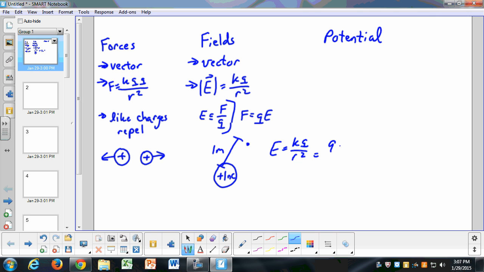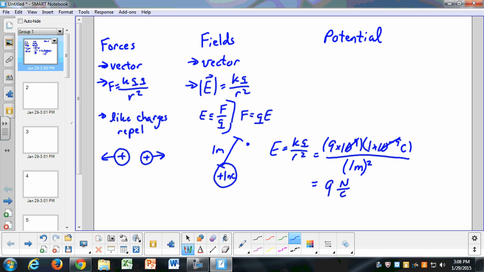So that's going to be 9 times 10 to the 9th, that's our K, our Coulomb's constant, times 1 times 10 to the minus 9 coulombs, divided by 1 meter squared. And 1 squared is just 1. So these cancel. That just gives me 9. And then the units for this are newtons per coulomb.